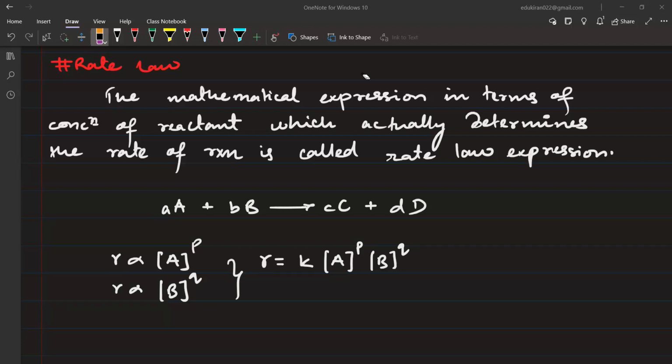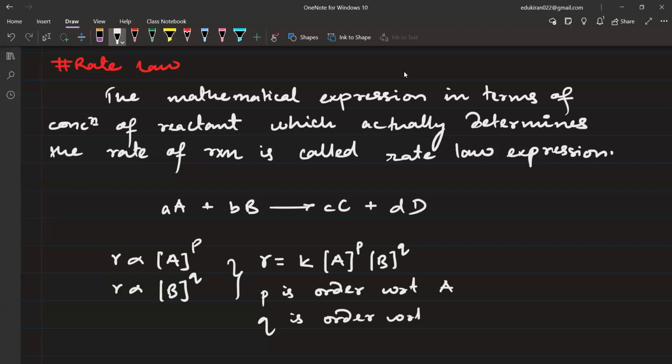So please remember, the stoichiometric coefficient has nothing to do with p and q. Here p is the order with respect to A, and q is the order with respect to B. And the sum p plus q is known as the order of reaction.